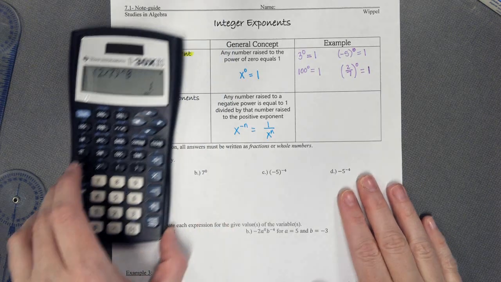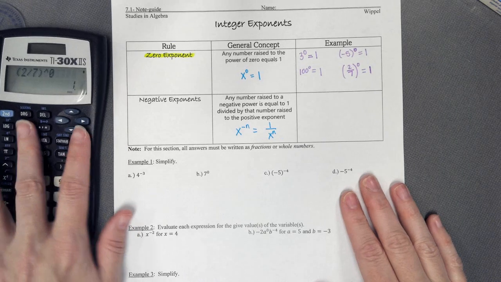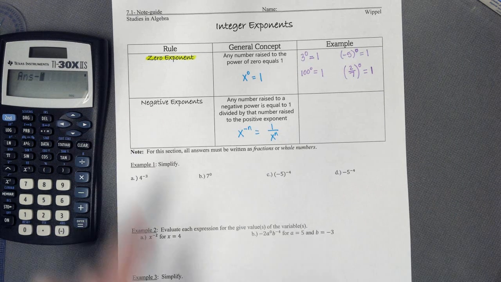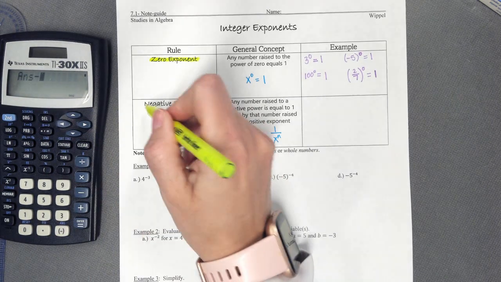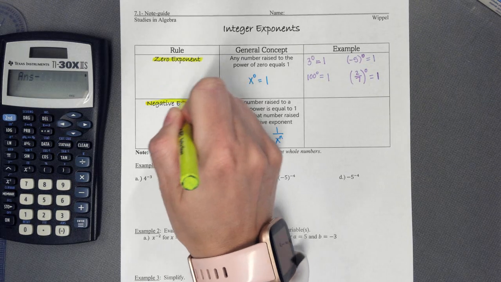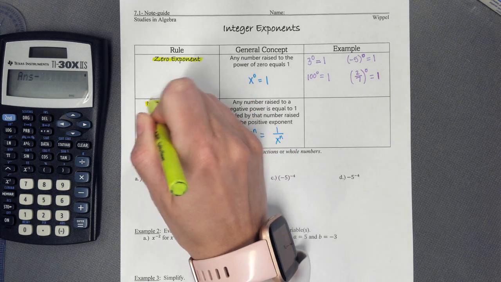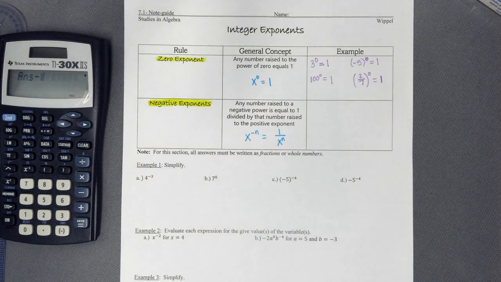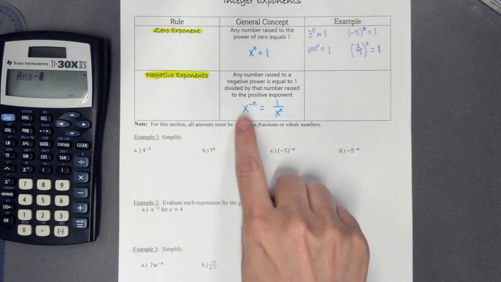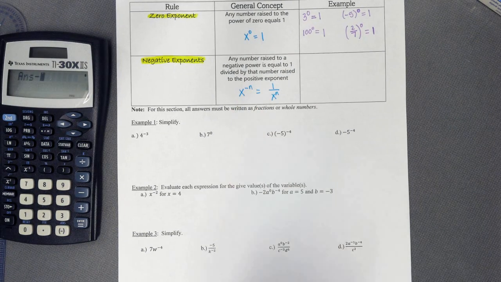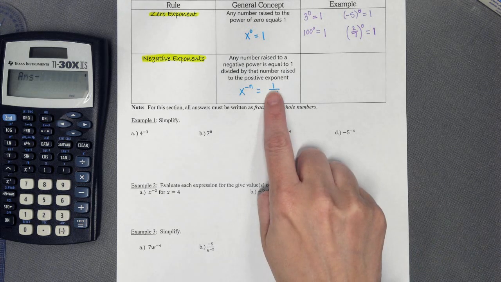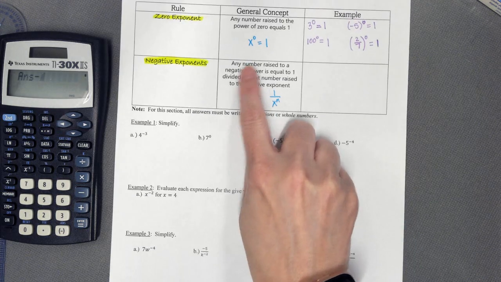Okay, now I had you write down this rule. This is for negative exponents. Okay, so if you have a negative exponent, in order to make it positive, let's read what it says.